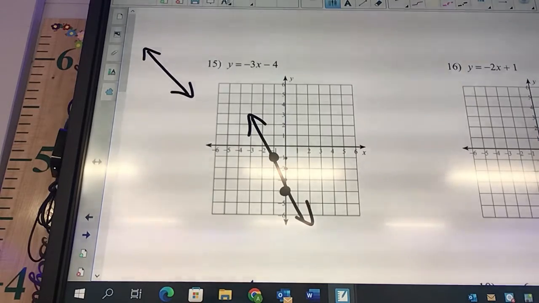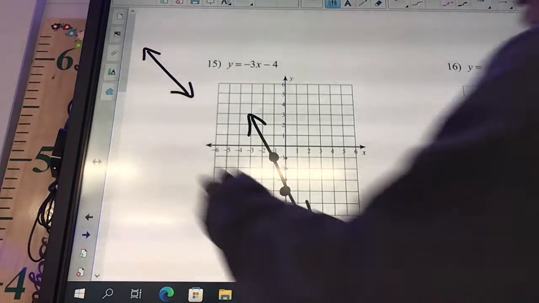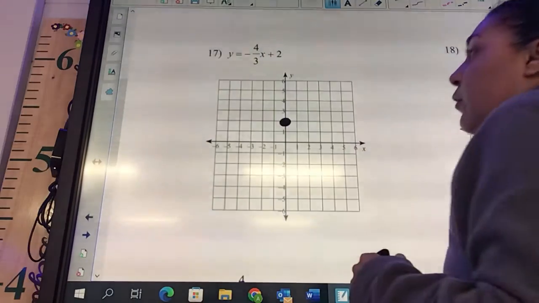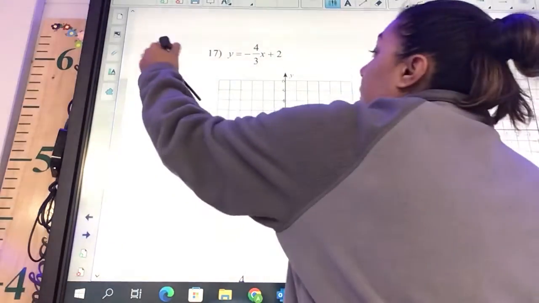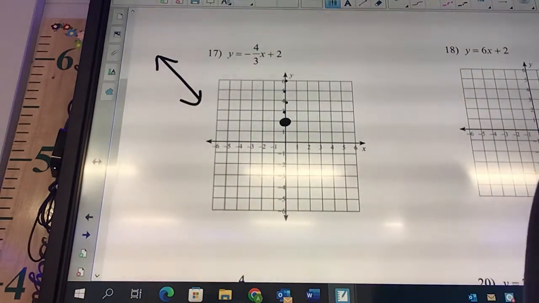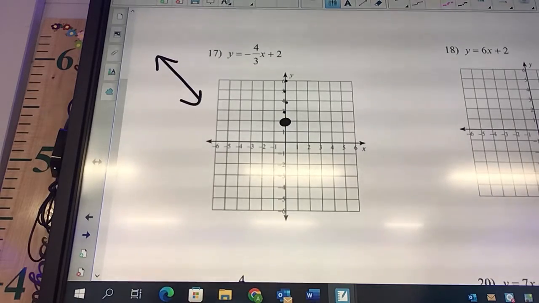Okay, 17. Where does that graph start? Starts at 2. We're going to rise 4 and run 3. Which way? I need a negative slope. Which way am I going to go over 3? To the left.